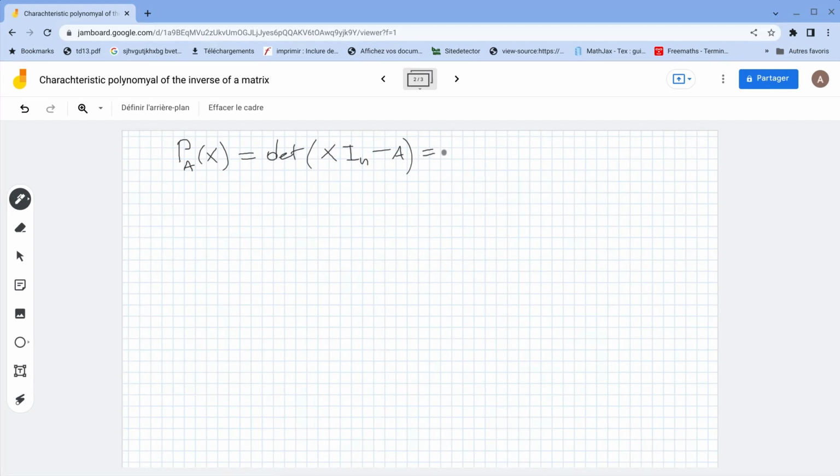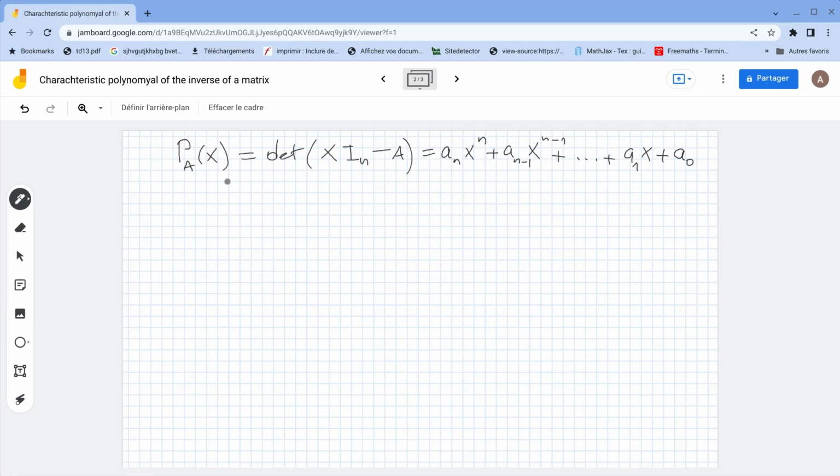So I can write it like this: a_n x^n plus a_{n-1} x^{n-1} plus ... plus a_1 x plus a_0.